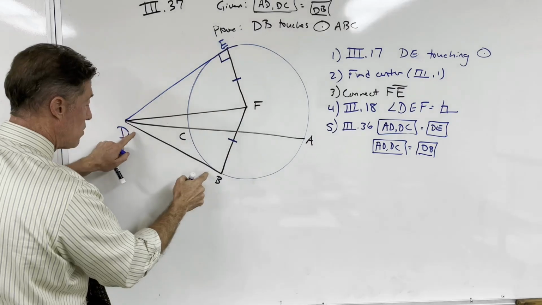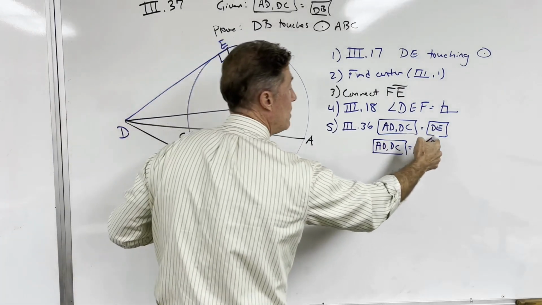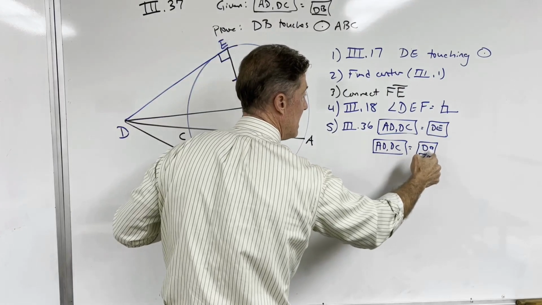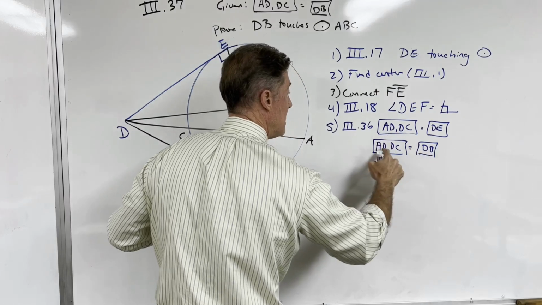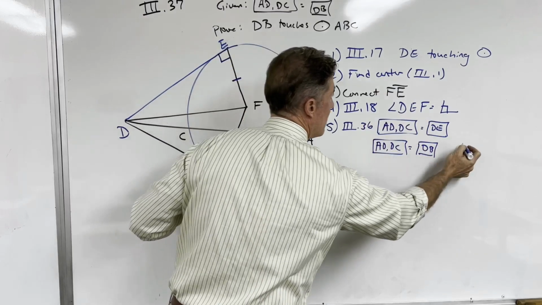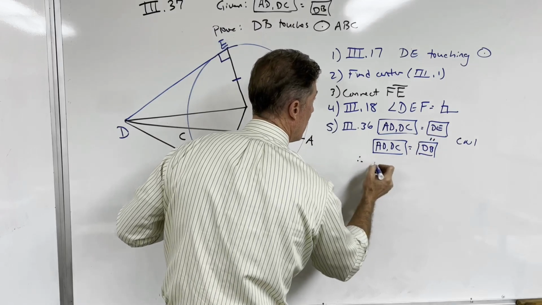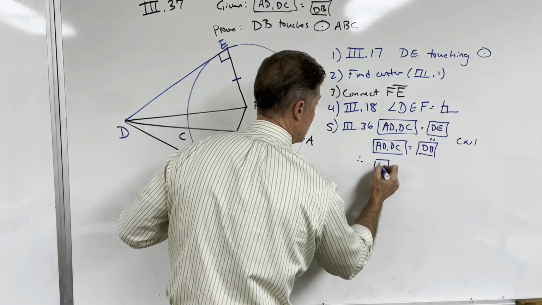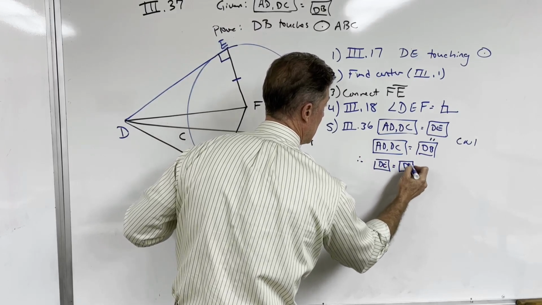So the square on DB is equal to that same rectangle. Well, now, we have the square on DE equal to the rectangle AD, DC, and the square on DB equal to the rectangle AD, DC. So we have two things that are equal to the same thing. Therefore, from common notion 1, they are equal to each other. Therefore, we can say the square on DE is equal to the square on DB.